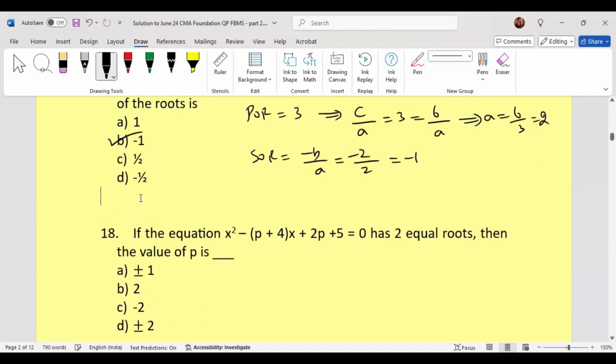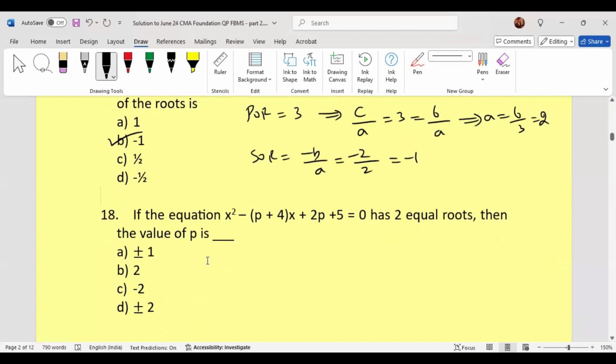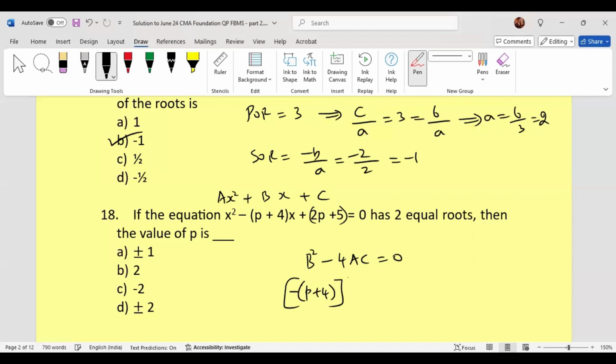Then 18th question. If the equation, so again, we will have this as ax square plus bx plus c. This entire thing is c. Has 2 equal roots. If it has equal roots, then b square minus 4ac should be 0. B square is negative p plus 4 the whole square.